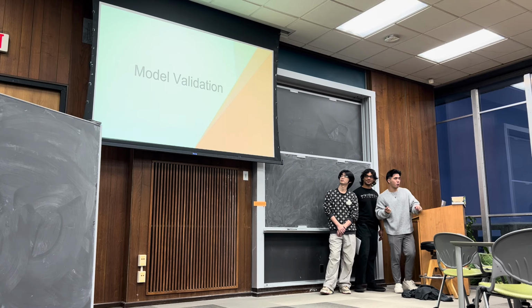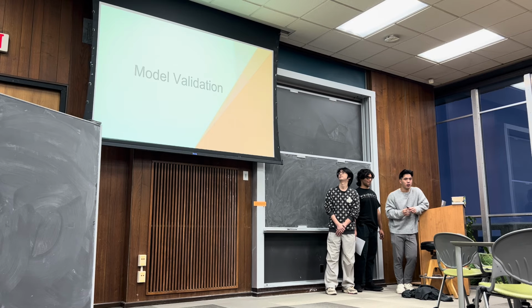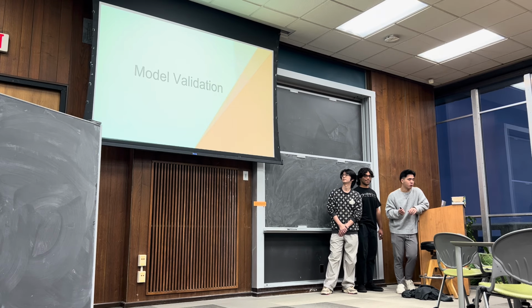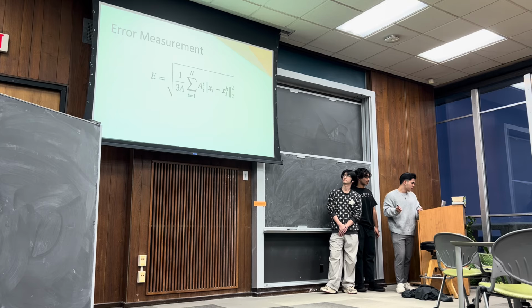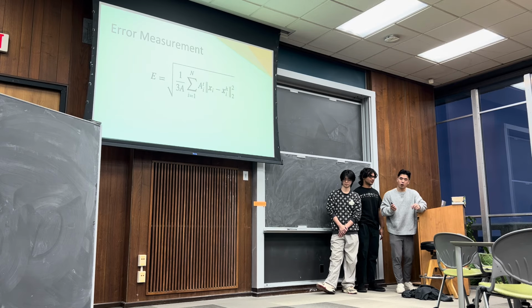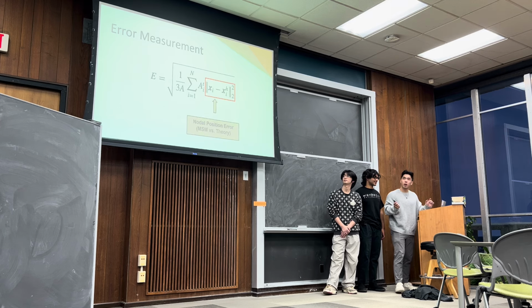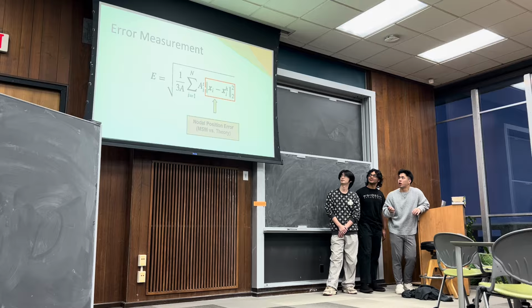And next, we have to discuss how our model is validated and whether it accurately approaches the theoretical continuous case. So here is how we measure the error. The key term right here is the position of the knot.